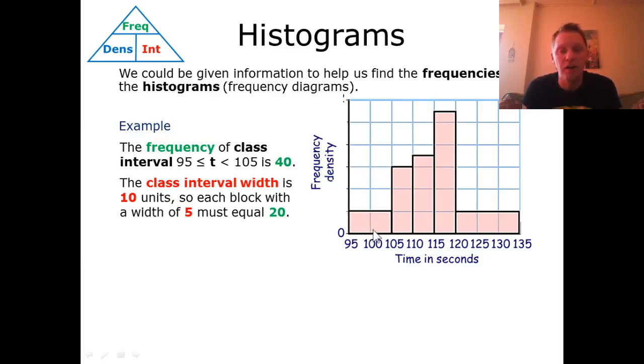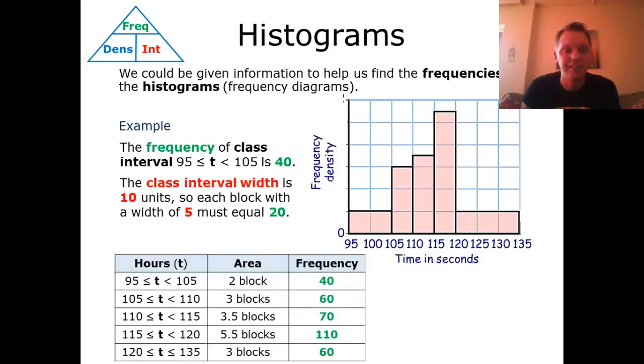So every 5 blocks of this would be equal to 20, because I've just halved my 40. Because it was 2 blocks wide, it's only 1 block wide, in which case each block is going to be worth 20. And of course I can use this to calculate the other class intervals. In this case I literally counted the blocks, but I could calculate them also.